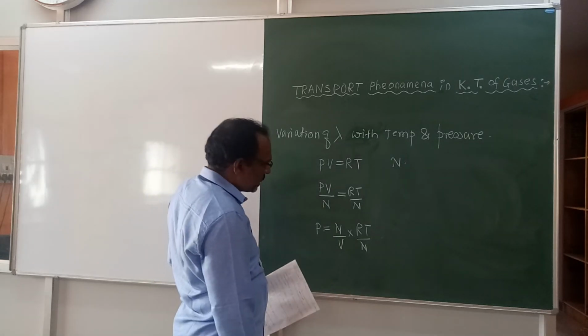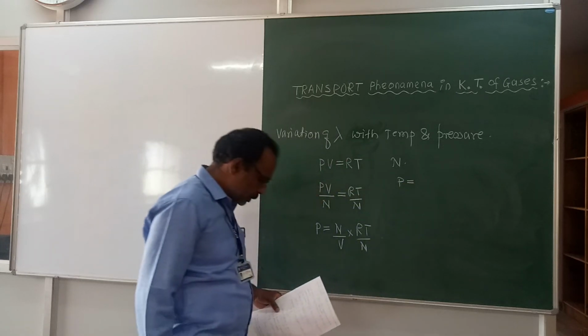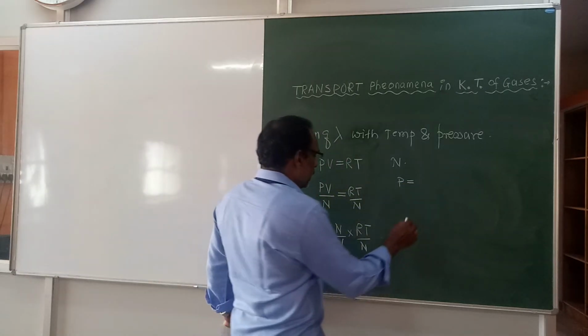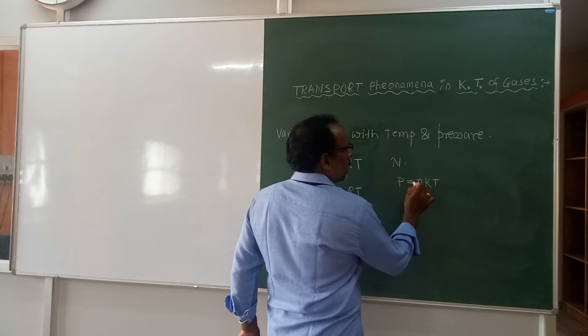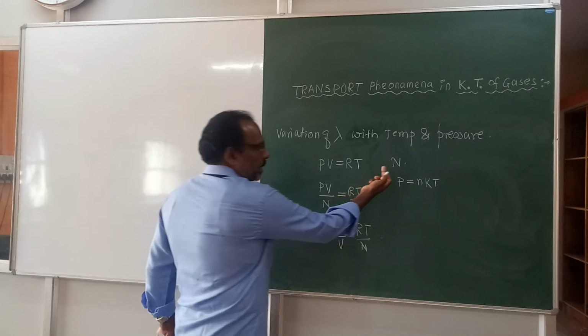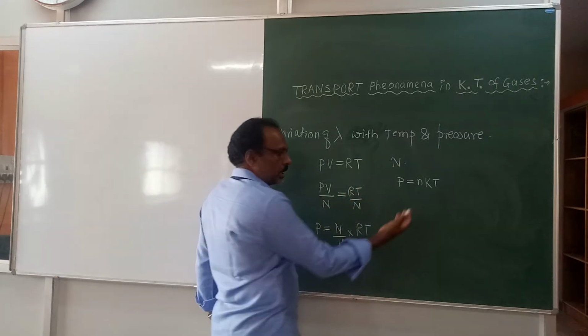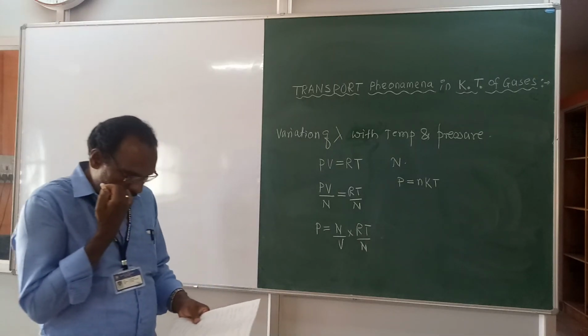This pressure P is also given by the equation P is equal to nKT. Here n is the number of molecules per unit volume, capital N is the Avogadro number, K is the Boltzmann constant, and T is the absolute temperature.